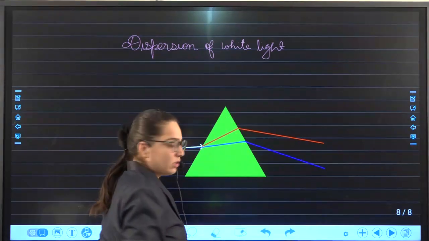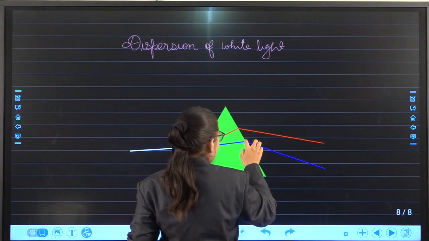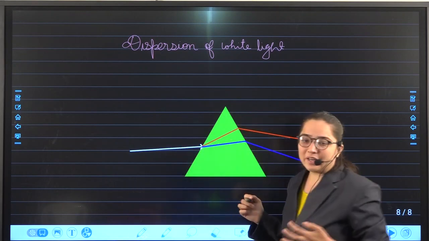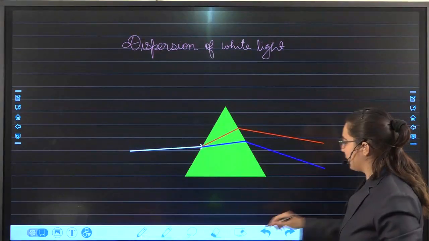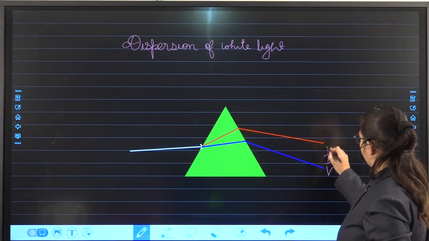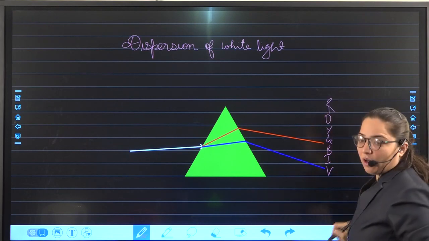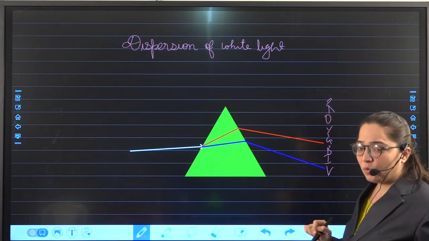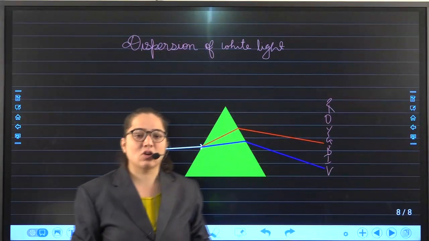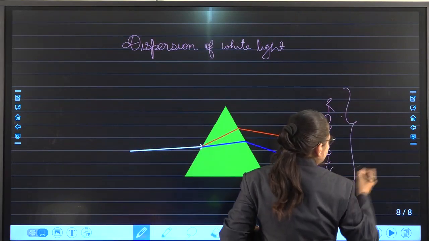The violet is not so visible, so we are using blue. Now I think it's visible. So this is how you will get a band of 7 colors, that is VIBGYOR. The colors are violet, indigo, blue, green, yellow, orange, red. You have already done this concept. This band of 7 colors is called a spectrum.